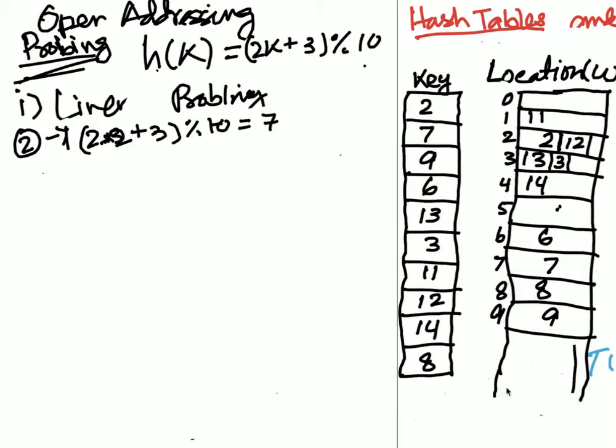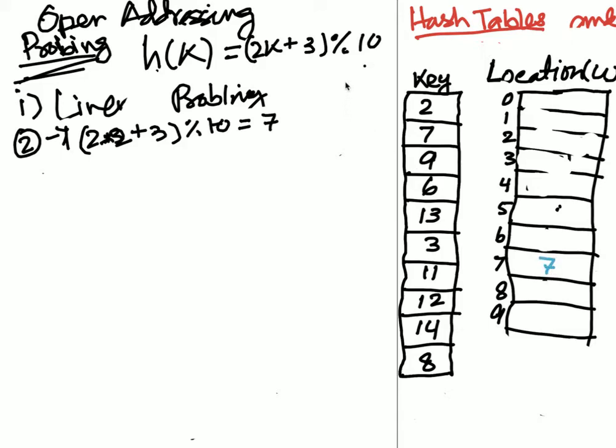So let us delete this and rewrite it, because we will have something different. 2 will get position 7, that is not a problem.